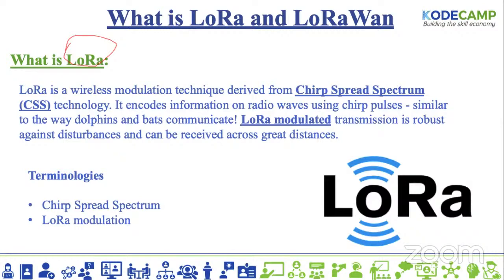It somehow works under frequency shift keying. I don't know if you've heard about that. It's very useful; there's no way you can talk about LoRa without the spread spectrum.